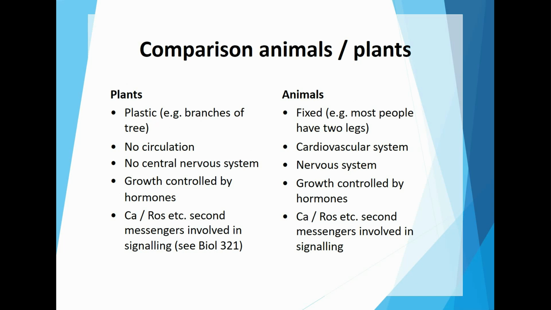Remember, animals, we have a cardiovascular system. We also have a nervous system. Plants, no circulatory system and no central nervous system. That in no way means the plants don't feel. Hello, vegetarians. What? Yes, plants can feel.